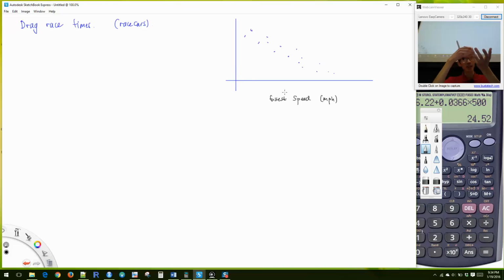They got a radar gun, and they're measuring how fast the car went. And what was its finish time? In seconds. So these are very, very fast cars. I don't know, how far did they drive? Quarter mile? Less? I don't know.